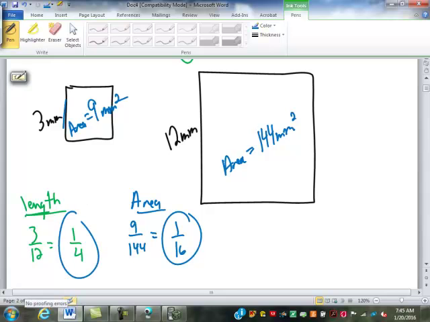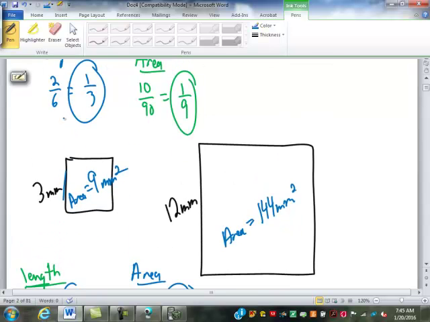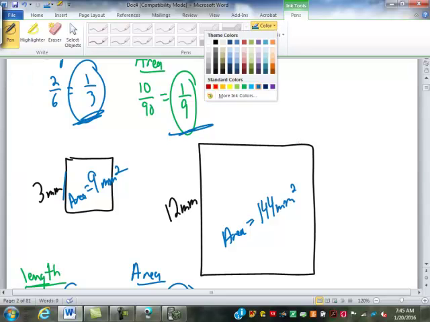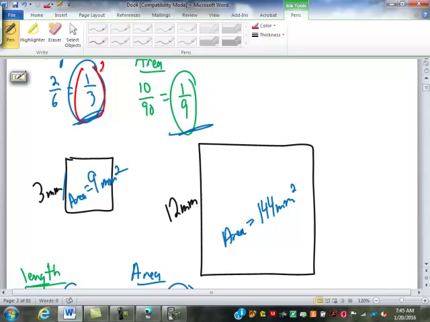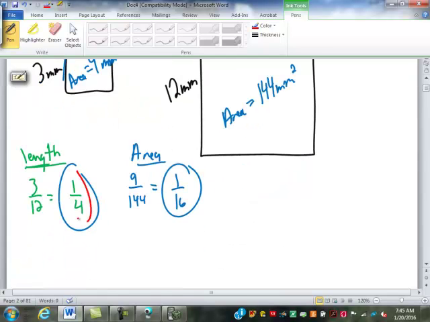Again, not the same, but is there a relationship between them? Now look up here. 1 to 3 ratio of lengths gave a 1 to 9 ratio of areas. Yeah, well, it's squared. 1 squared is 1, 3 squared is 9. Here, 1 squared is 1, 4 squared is 16.